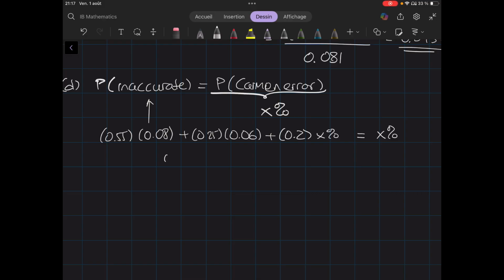Solving the equation, you will get 0.8 times X percent is equal to 0.059. Thus, X is equal to 7.38. And that is the end of question 11.